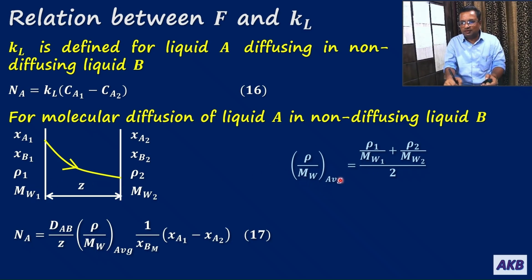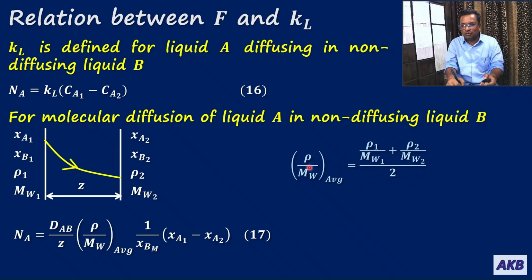So rho upon MW average is rho 1 upon MW1 plus rho 2 upon MW2 divided by 2. Since rho upon MW is nothing but molar concentration, kg per meter cube divided by molecular weight is kilomole per meter cube, which is molar concentration. And since it is appreciably changing from one plane to the other plane, we are using the average value.